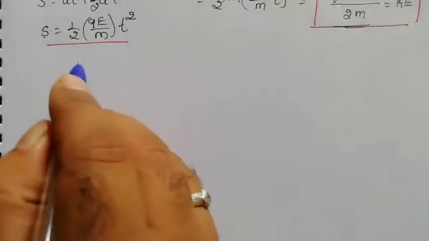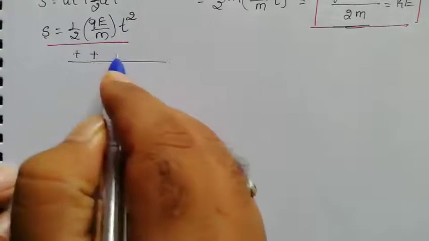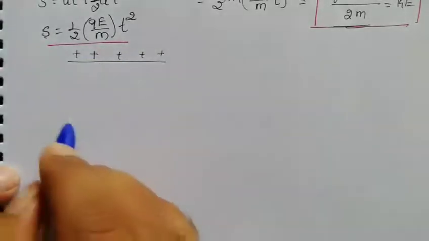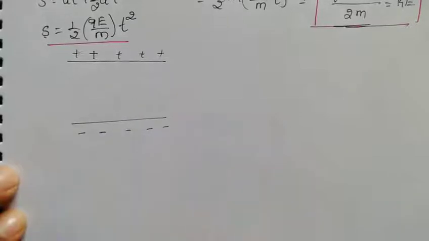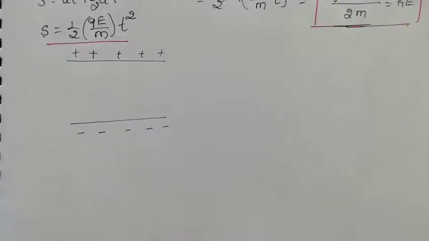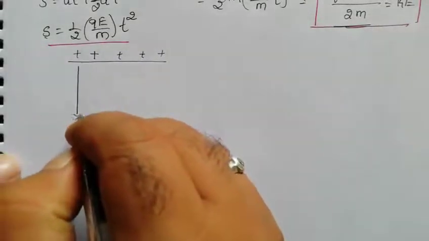Now let us have this condition. There is a positive plate and this is the negative plate, just in order to produce an electric field. So there is a uniform electric field in the downward direction.